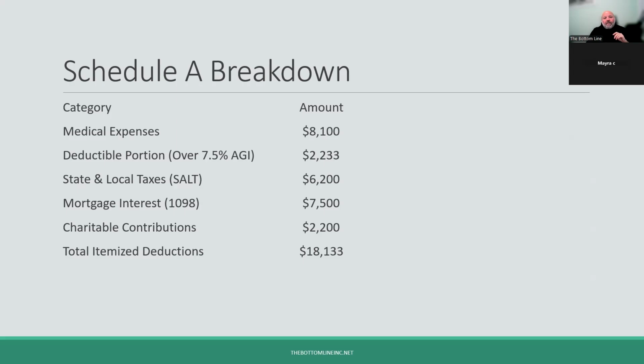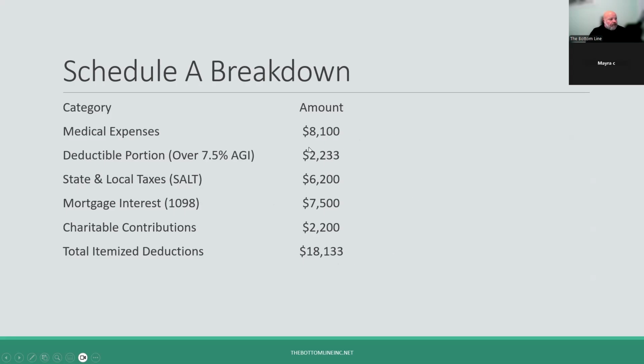So we want to now add up our Schedule A. The medical of 8,100, only $2,233 is deductible. State and local, 6,200. Mortgage interest, 7,500. Charitable, 2,200. So their total deductions, this group here, add up to $18,133.